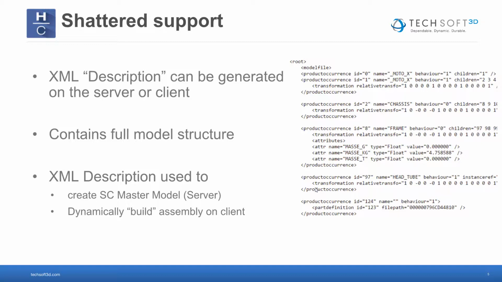A master model is an SC model just like any other model, except it doesn't contain any geometry data. All it contains is transform info and links to the other model files. So what this means is that this model file, when it's loaded, is, think of it as just a collection of symlinks.